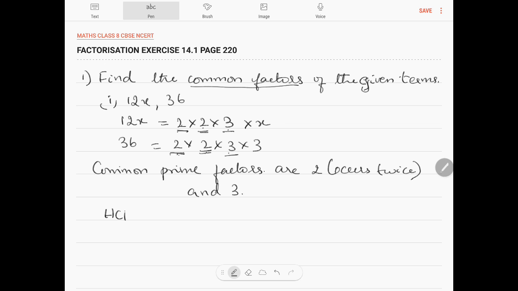Now we have to calculate the HCF, which will be equal to 2 into 2 into 3, which is equal to 12. HCF is the multiplication of the common factors.